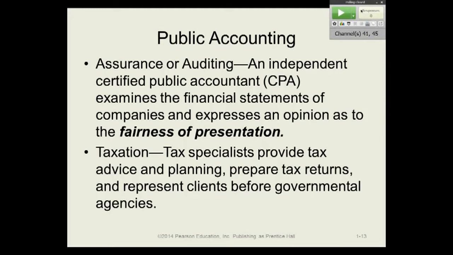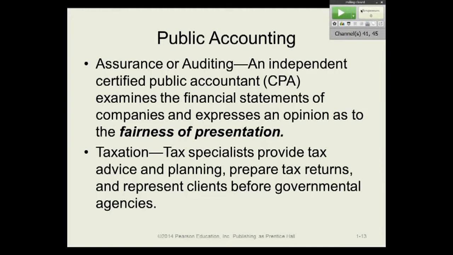Anyone know? Are the numbers exact? No. There are errors, but the errors are not significant. The errors are not material. When we use the word material, we don't mean fabric or paper. When we say material in accounting, we mean that they are significant. So fair presentation means that it is free from material error.